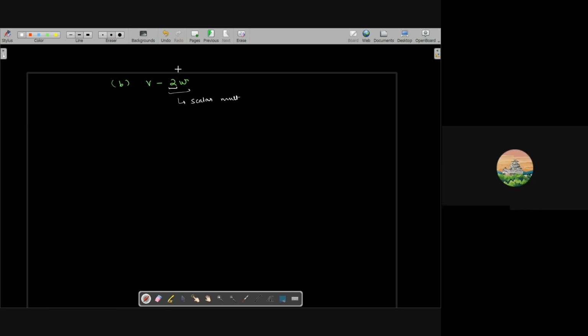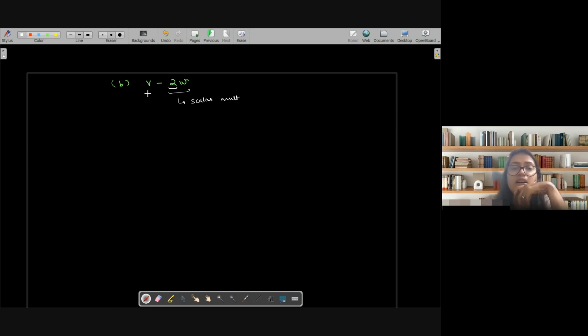And after that, you have to subtract 2w from v. So here you'll actually have to do three operations. First, you multiply w by 2, then you find the opposite vector of that, and then you add it to v.